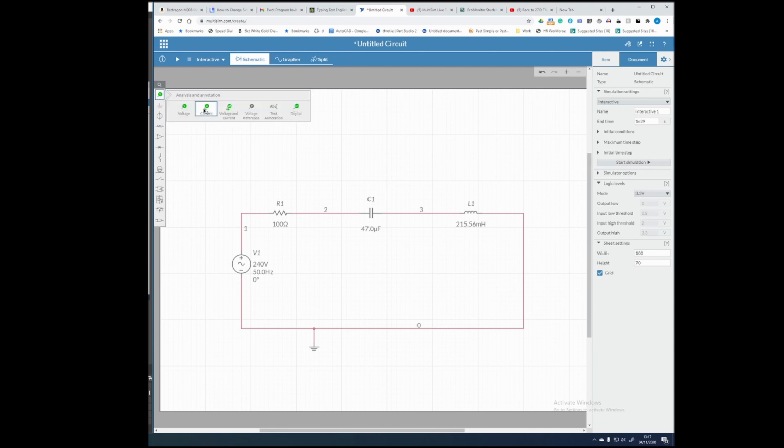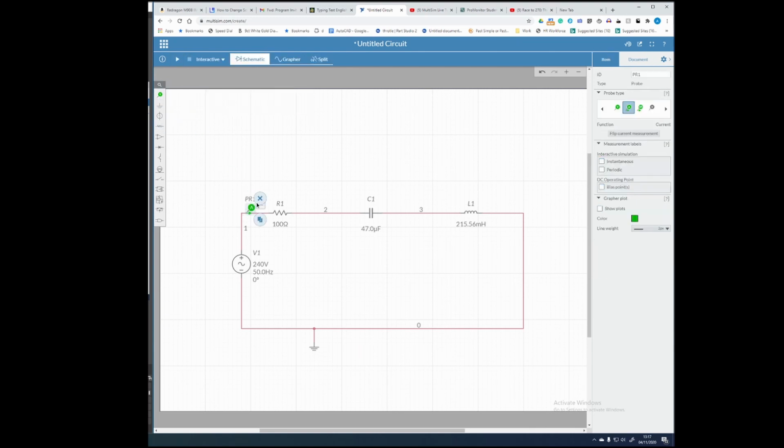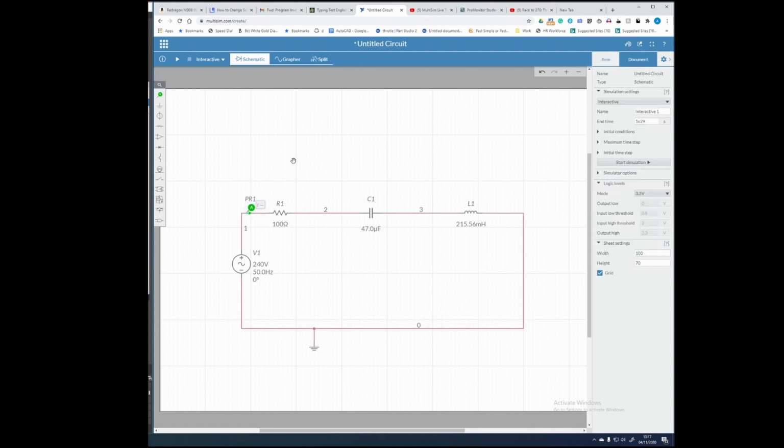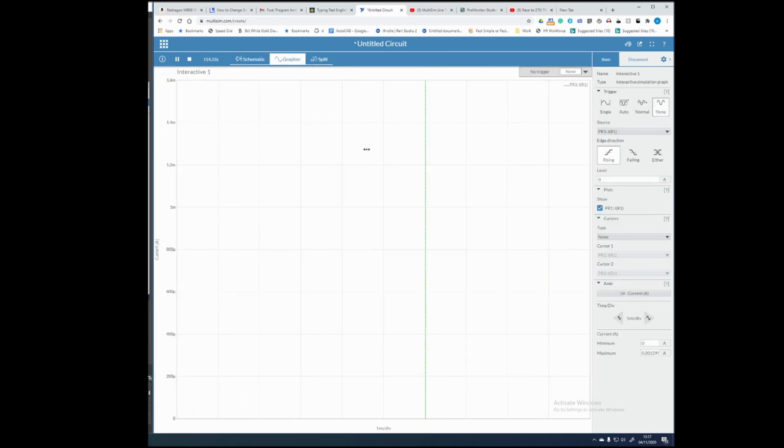And a good test for this is going to be current. What's the current flowing in the circuit? Let's do a simulation. So, auto to trigger it to make it stay stable.